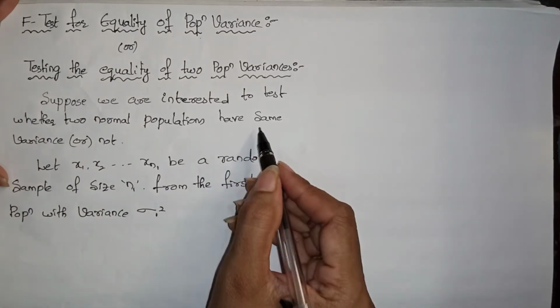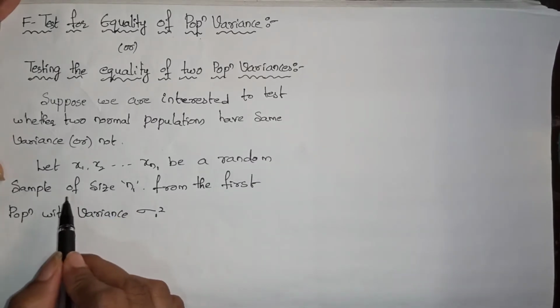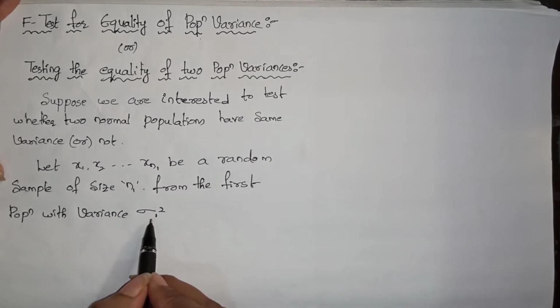Why? Because we are going to test the population variance itself. That's why the sample is taken from a population having variance sigma 1 square.